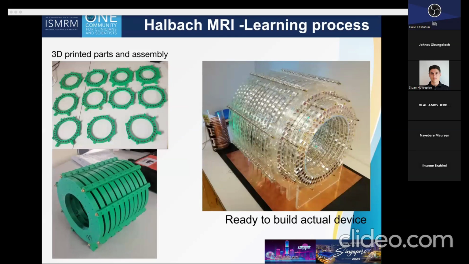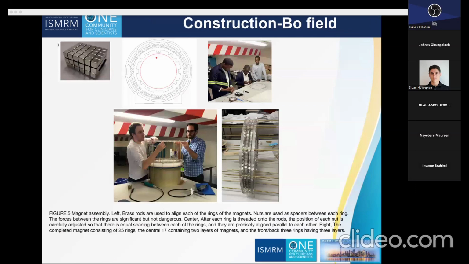One good thing with some of these systems is that you can build them within your lab and you can print some of the parts yourself if you have the design. If you have a good 3D printer, you can print some of the rings within your lab, or laser cut them from materials such as plexiglass or acrylic glass, which can be relatively cheap.